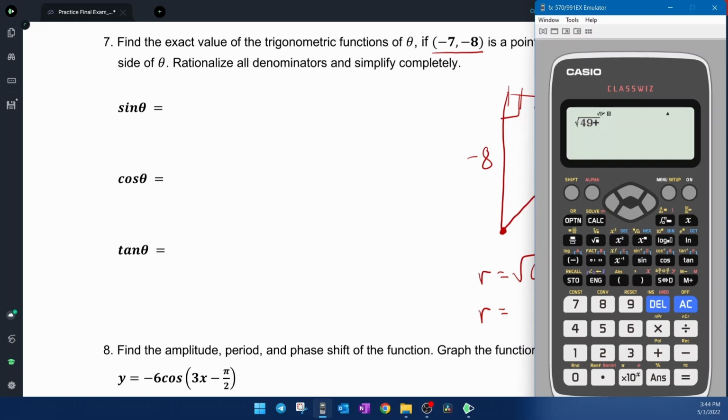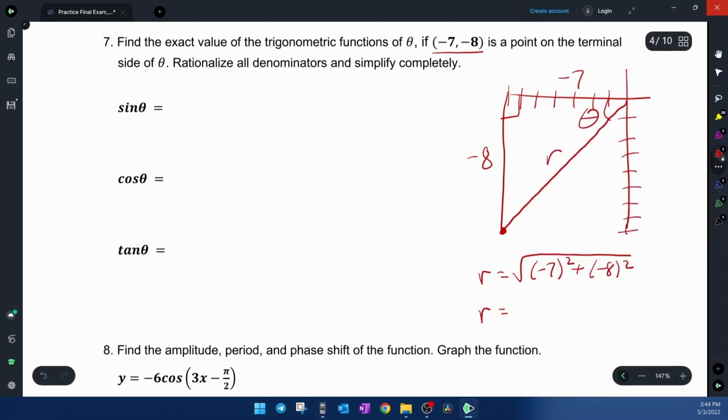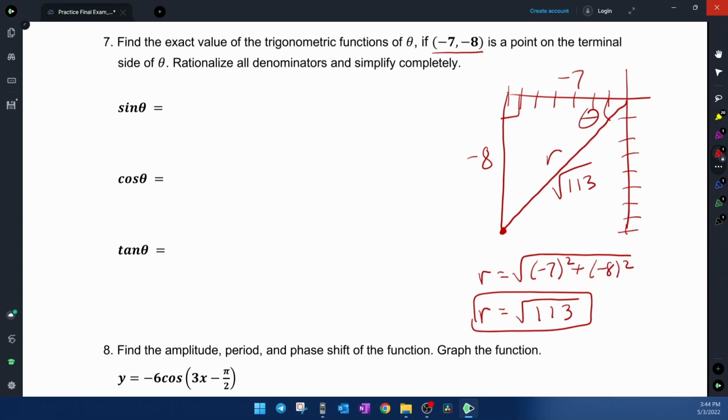Negative 8 squared is 64. And notice that that does not square root nicely. So we're going to leave that in simplest radical form. And now that I know my radius, which is also the hypotenuse, we can find sine, cosine, and tangent.